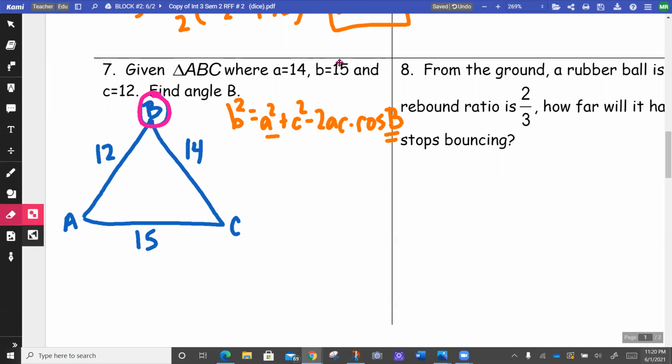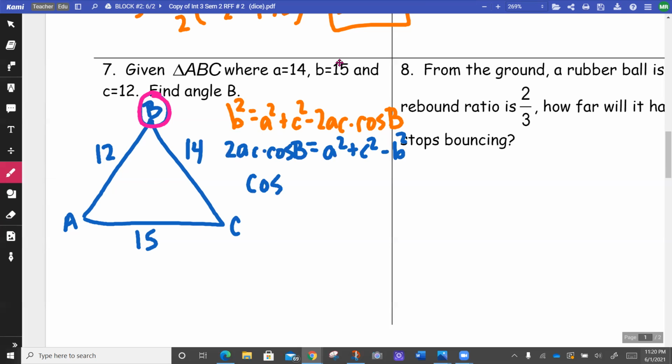But if I rewrite that, okay, and I try to get my cosine by itself. So in order to get my cosine by itself, what I'm going to do is I am going to bring my 2ac cosine B to that side, and I am going to subtract my b squared to the other side.